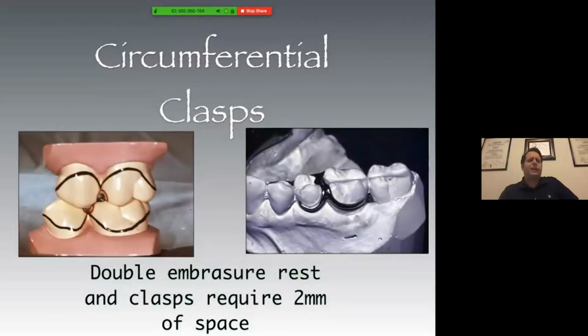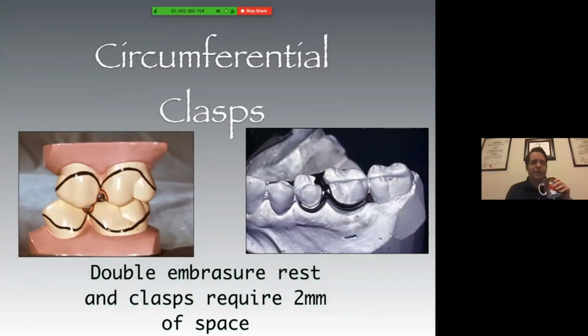And here's that slide I was promising you guys to illustrate that double embrasure rest seat. You have to envision that the space between those two mounted teeth has to be 2 millimeters, and you don't think that 2 millimeters is too much?